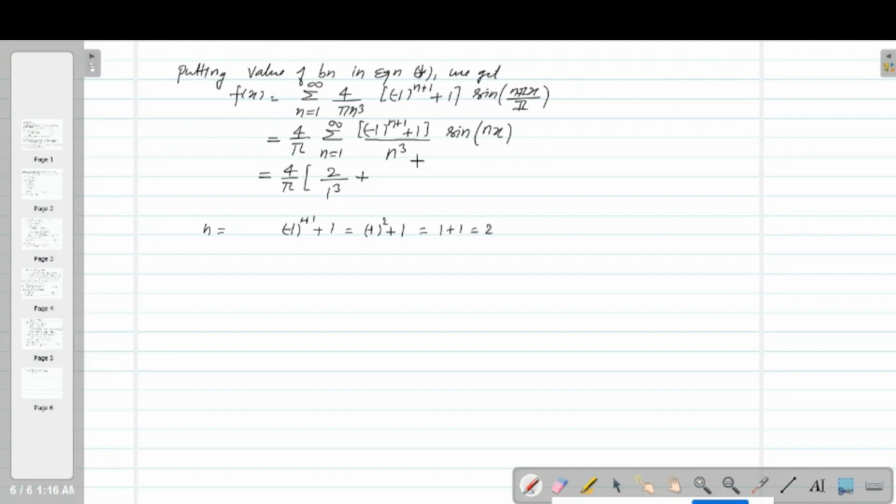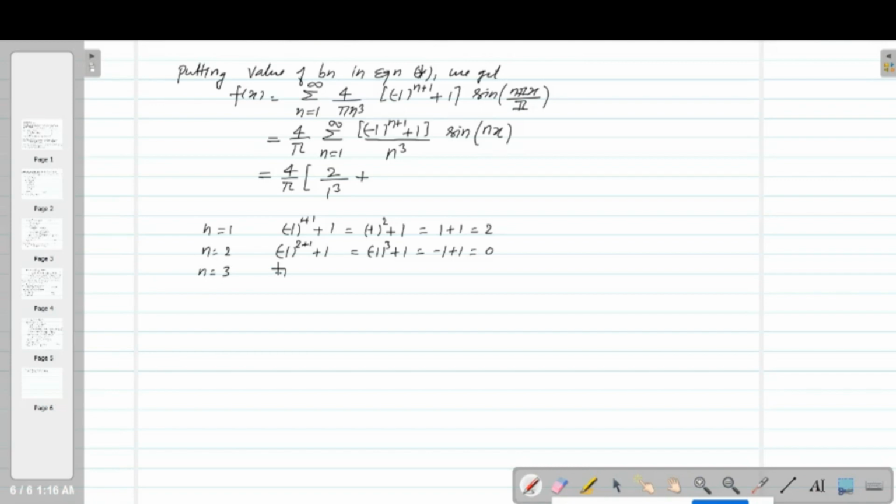So the term survives for n equal to 1. Let's check for n equal to 2. So minus 1, so this becomes 2 plus 1 and plus 1. Okay, so this is minus 1 raised to 3 and plus 1. So this is minus 1 plus 1, this is 0. Okay, for n equal to 3 let us check.